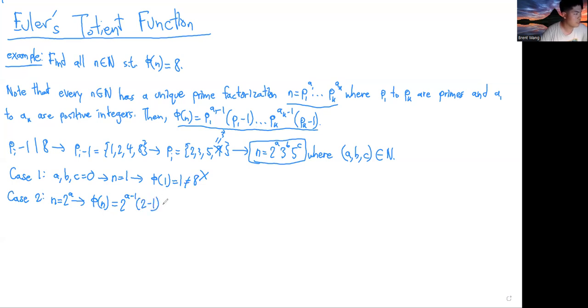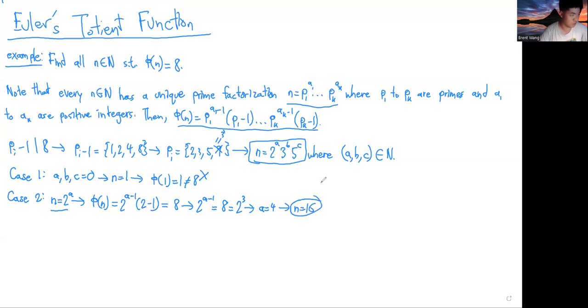That's just 2 to the a minus 1, which is equal to 8. 8 is 2 cubed. So a minus 1 is 3, a is equal to 4. n is equal to 2 to the power of 4, so that means n is equal to 16.